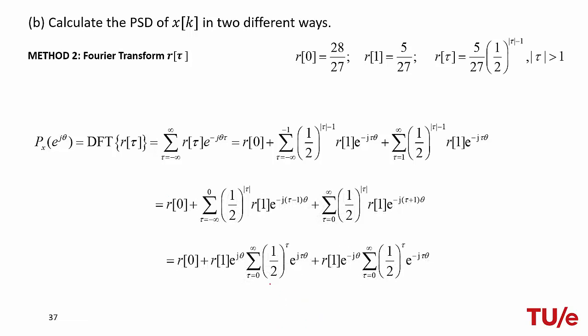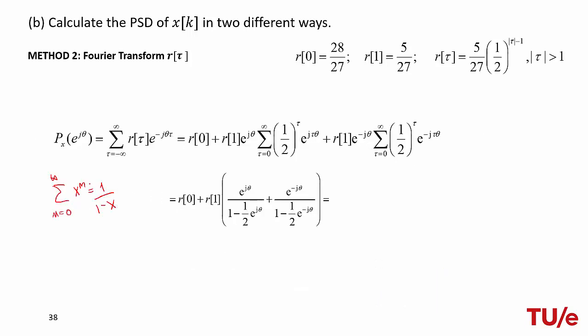And now this part is really similar to that infinite sum I showed before, because this can be rewritten as 1 over 2 e to the power of j theta, all to the power of alpha. And this one is always smaller than 1, because the complex exponential has a radius of 1, and 1 over 2 is clearly smaller than 1. And similarly, this sum becomes 1 over 2 e to the power of minus j theta, all to the power of alpha.